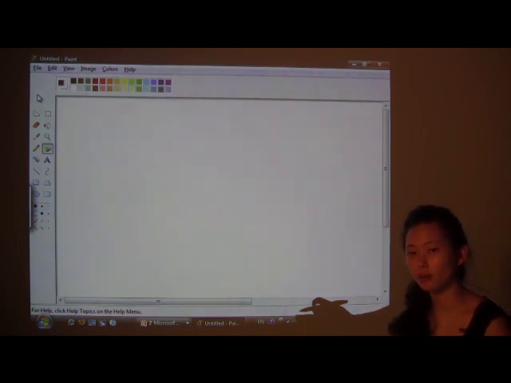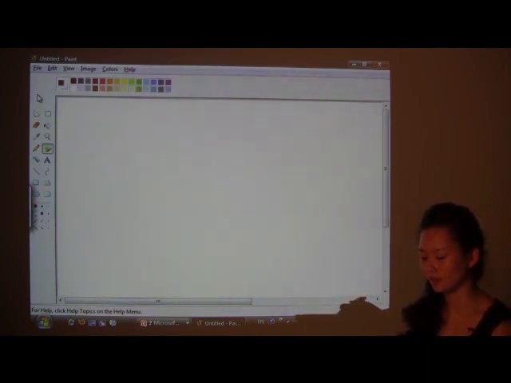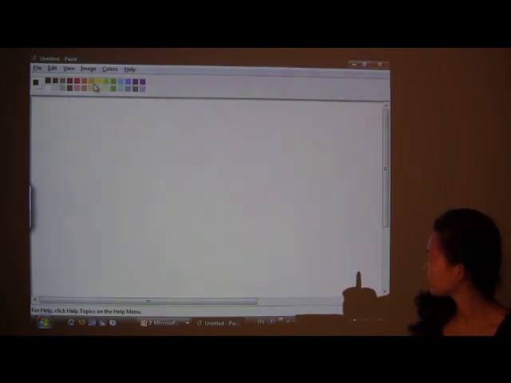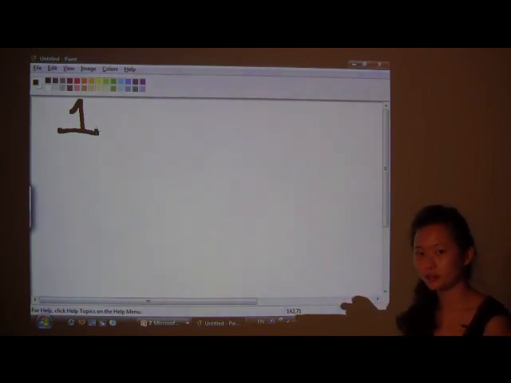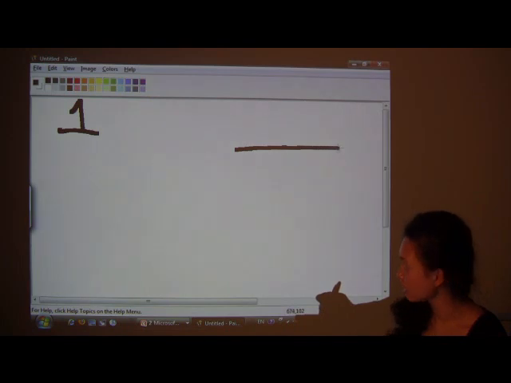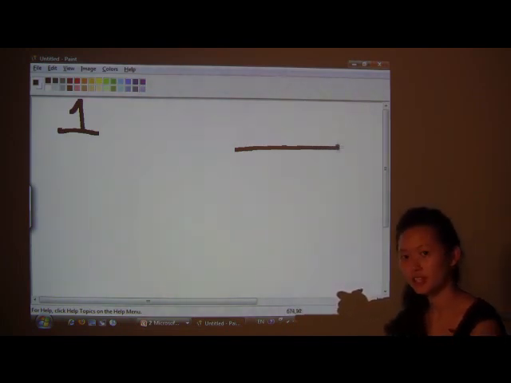First, we'll write the number 1. Oops, sorry. We can write the number 1. In Chinese, if you recall, the 1 is just a horizontal line like so. Just like that. From left to right, there's no up or down, so all you do is left to right.